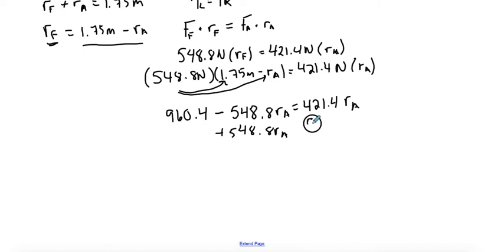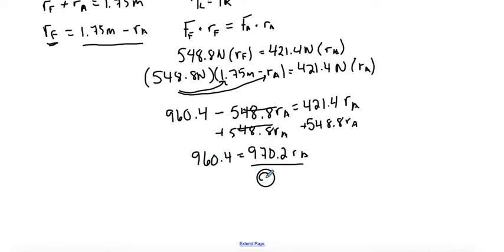Now we're going to move this over. This is some basic algebra here. So add those, these will go away, and we'll have 960.4 is equal to 421.4 plus that, 970.2, and that's r sub a. Now how do we get rid of this?